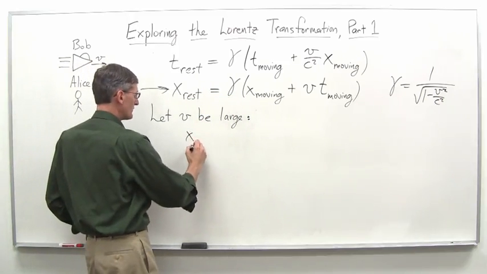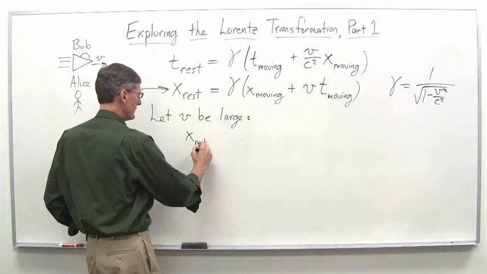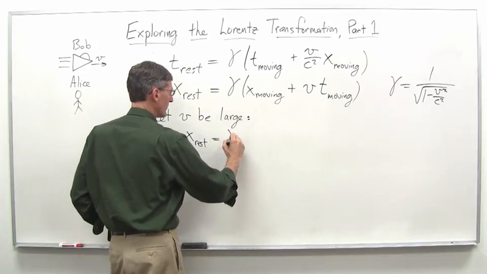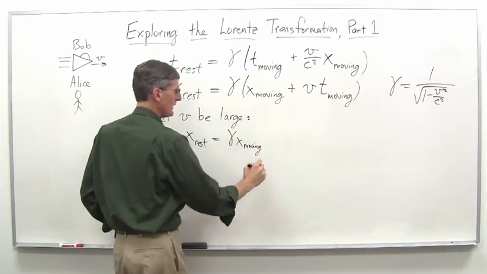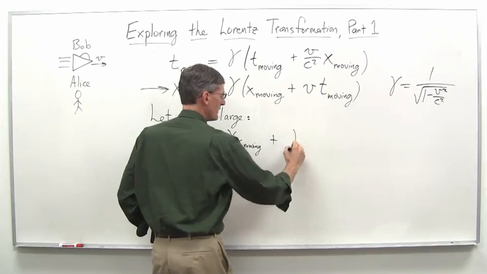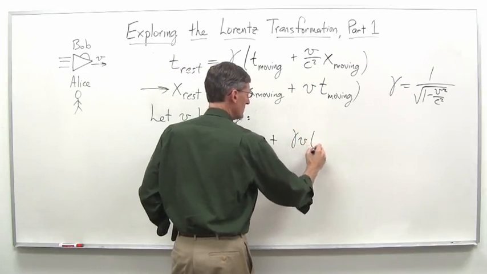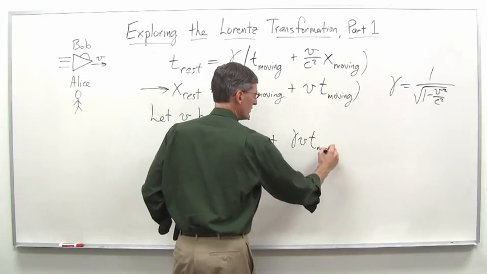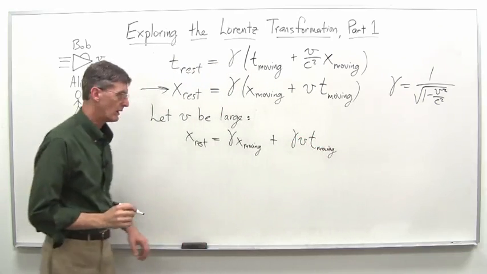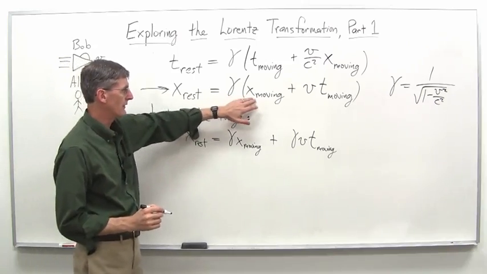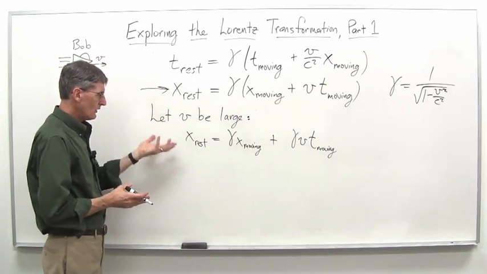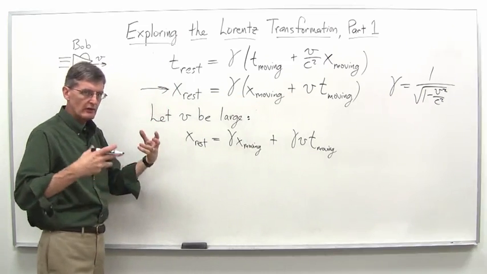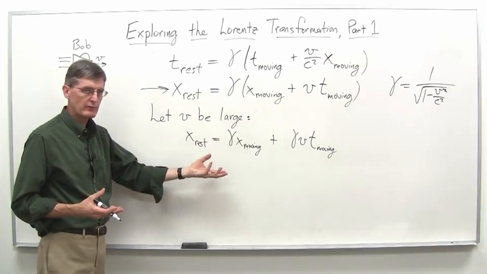So we've got x in the rest frame equals gamma times x in the moving frame plus gamma times v times time as measured in the moving frame, in Bob's frame. All I did was multiply that by gamma and then that term by gamma to split it apart. So essentially this is very similar to the Galilean transformation which we were just talking about.